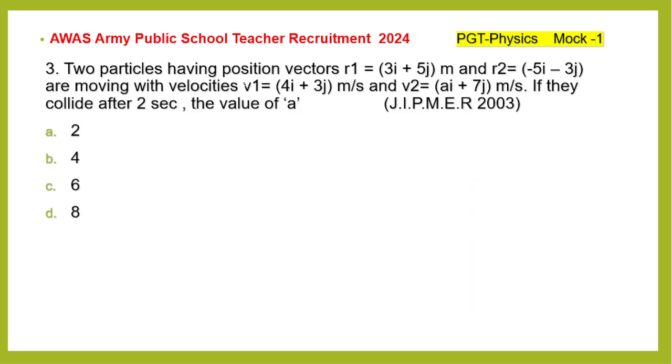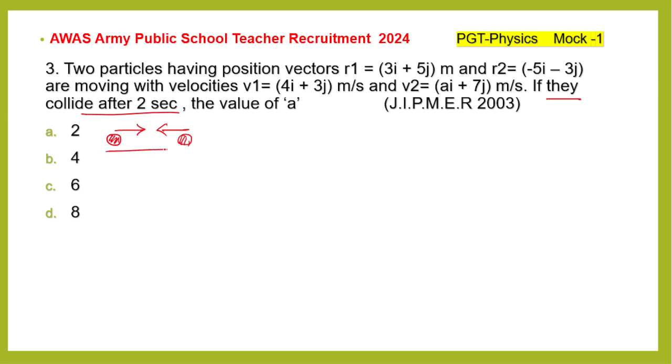Two particles having position vectors r1 and r2 are moving with velocities v1 and v2. If they collide after 2 seconds, the value of a is. Suppose this is one body and this is another body. These two bodies collide with each other after t seconds.